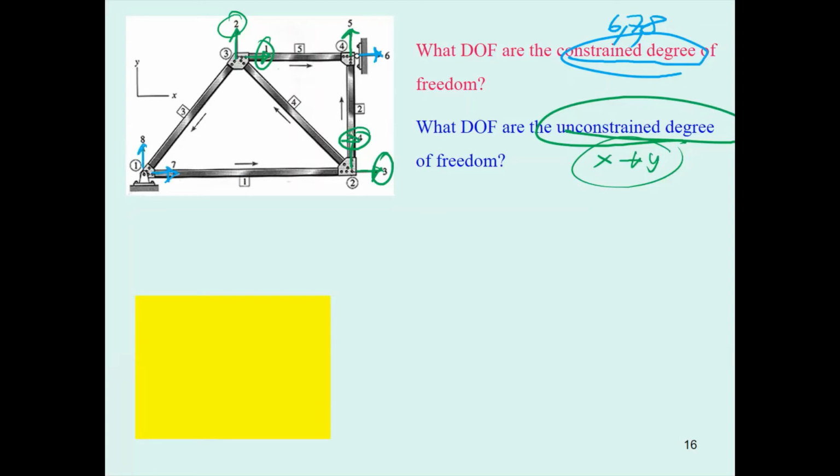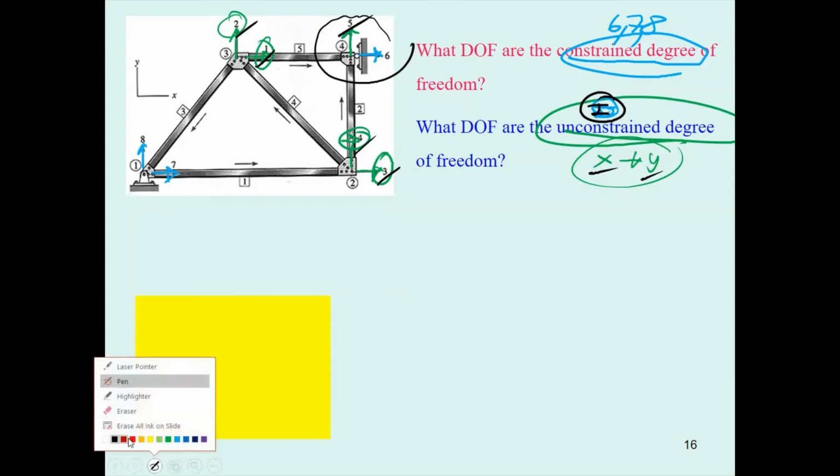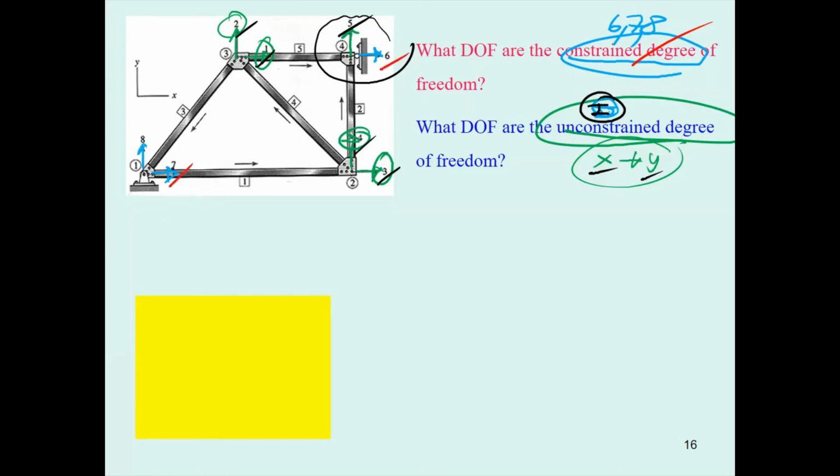You must follow this order. The order will come from the unconstrained degrees of freedom with X and then Y, X, Y, X, Y. However, for some special case like this, it's going to go 1 to 5, and then later come to the constrained degrees of freedom, 6, 7, 8.